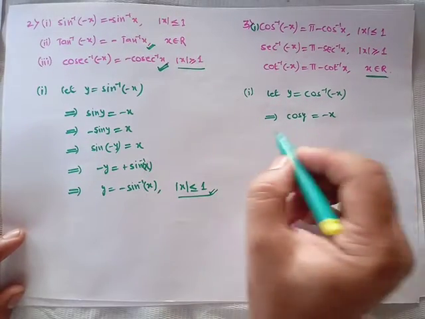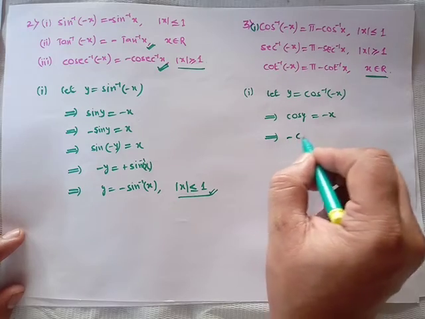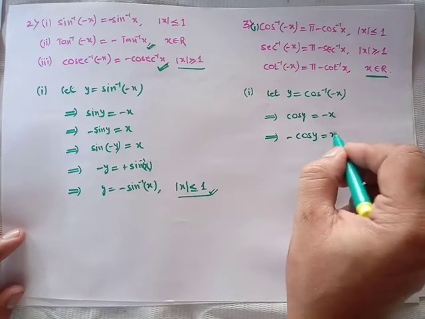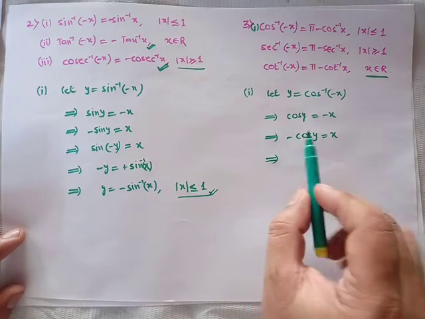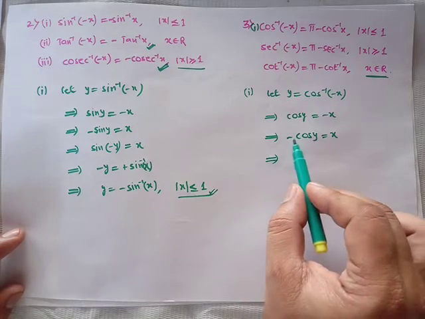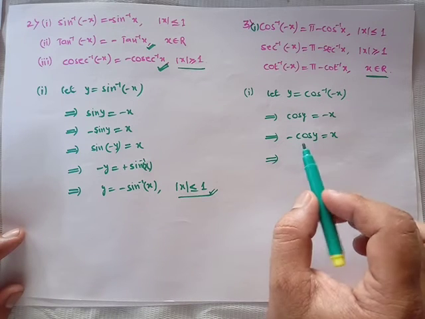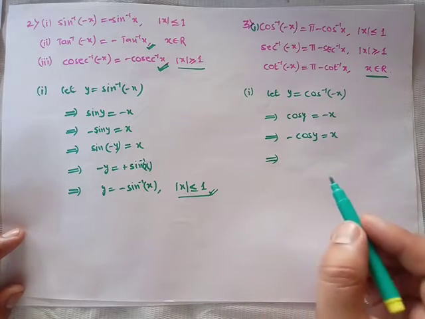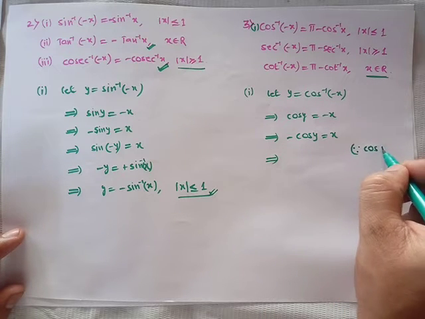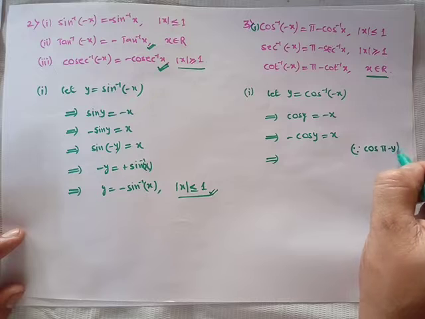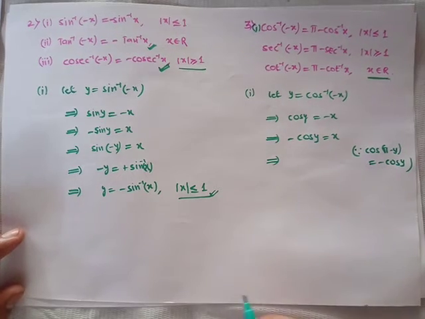This implies, send this minus to the left hand side, minus cos y is equal to x. Now generally, in minus cos y, this minus cannot be sent inside of the angle, so understand the point: cos of pi minus y is equal to minus cos y.